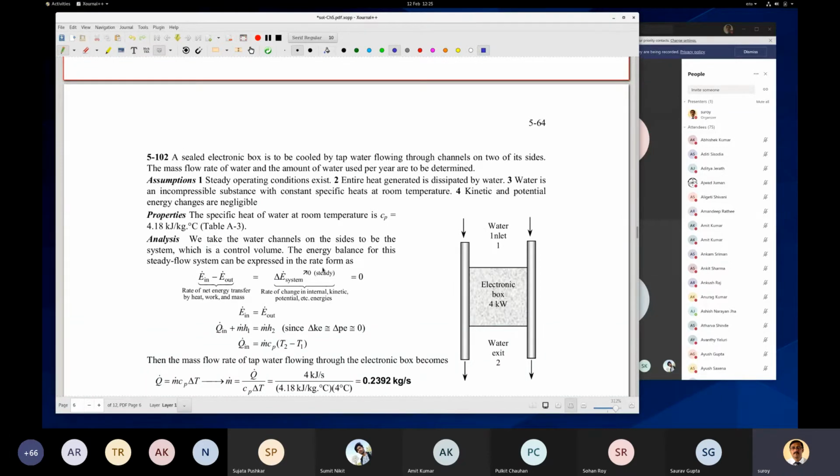If it's a heat exchanger, there are several things that you have to do. One is the combined analysis.